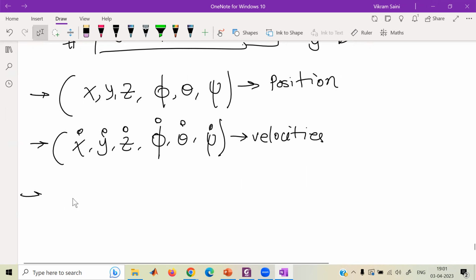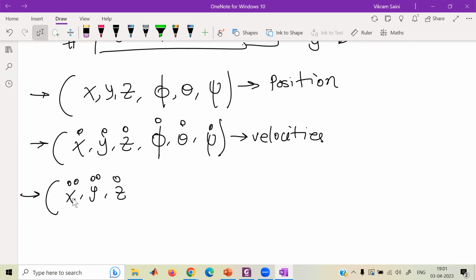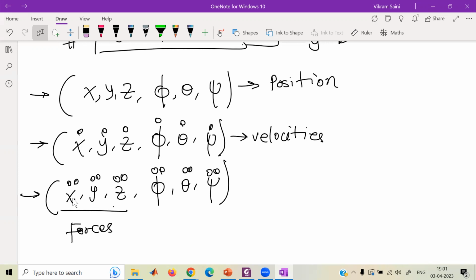When you differentiate once more, you have the dynamics of the aircraft: phi double dot, theta double dot, psi double dot. These are accelerations, but these accelerations are converted to forces. Similarly, you have moments.